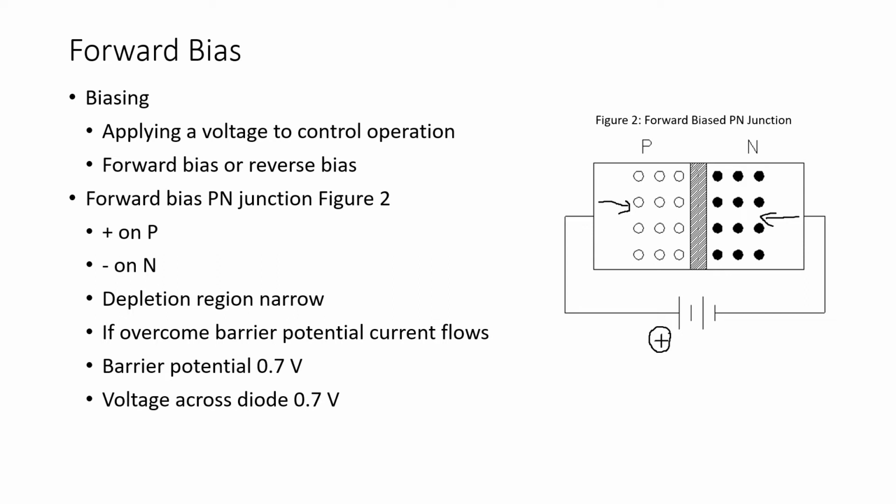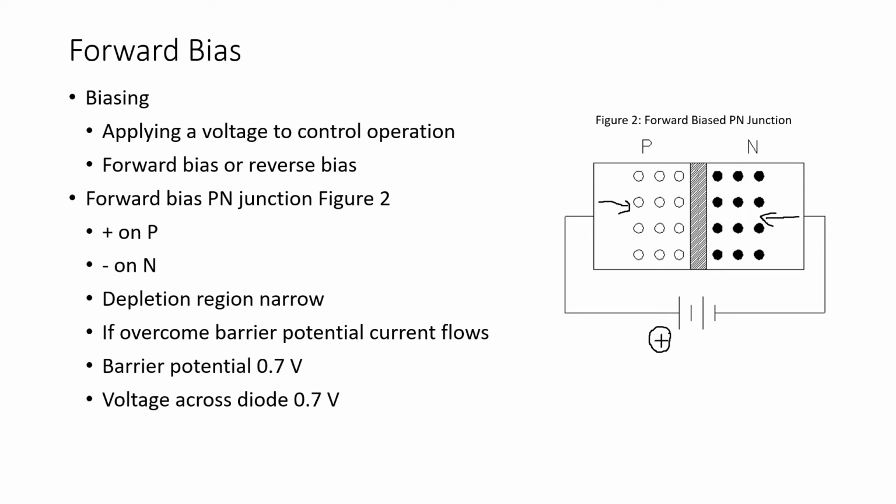And what happens is that, as you can see in Figure 2, the depletion region becomes narrow. And if the potential difference of the voltage source is great enough to overcome the barrier potential, and the barrier potential, you recall, is due to the creation of ions on both sides of the depletion region.